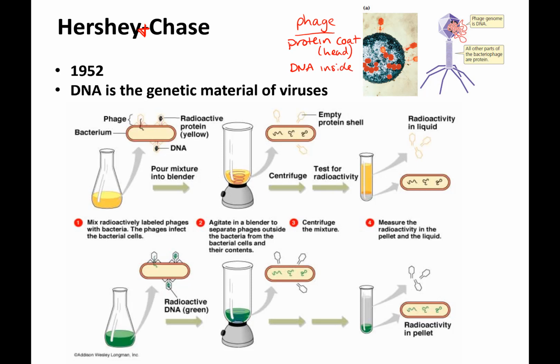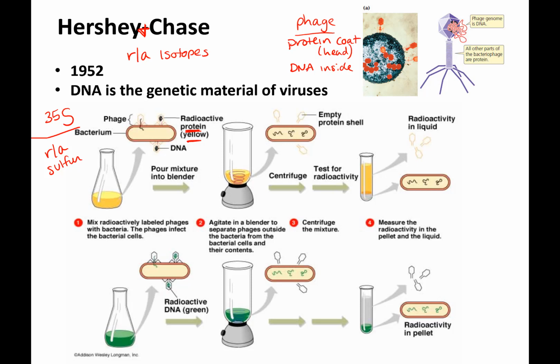And so they started using what we call radioactive isotopes. This is a way you could follow things or measure things before we had all the molecular biology tools we do now. So for one group of phage, they grew them in 35S, so radioactive sulfur, which made the proteins, shown here in yellow, radioactive.